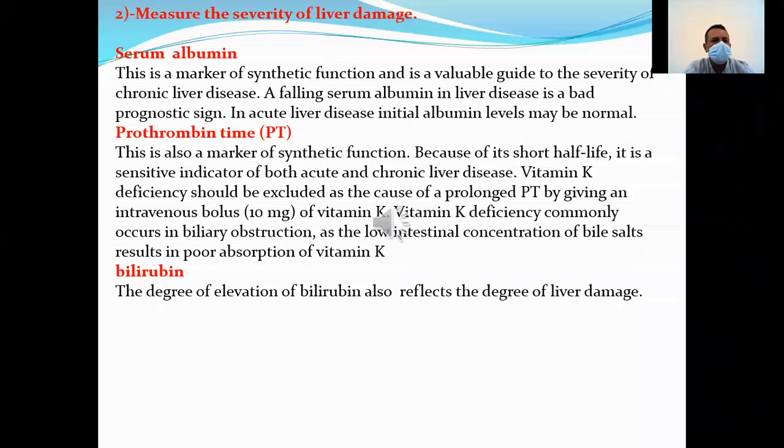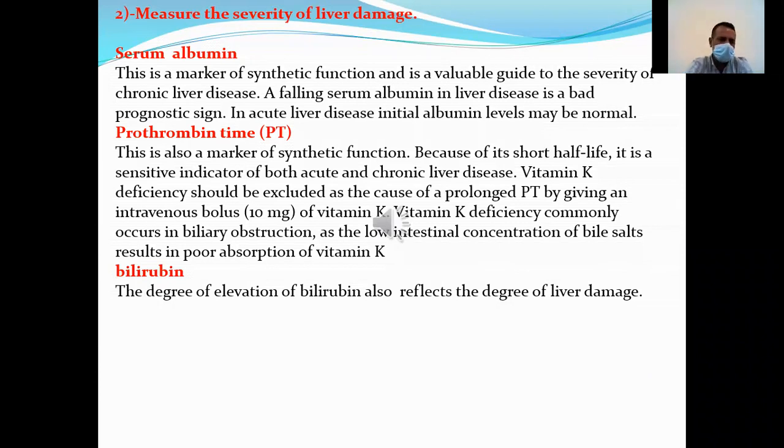In acute liver disease, the serum albumin is normal, but when there is chronic disease, it leads to hypoalbuminemia. So albumin gives me an idea about the severity and chronicity of liver disease. When the serum albumin decreases, that means chronic liver disease. When serum albumin decreases, that means more severe liver disease.